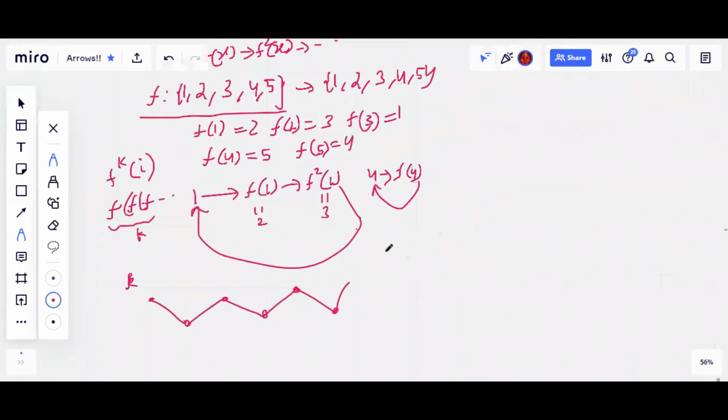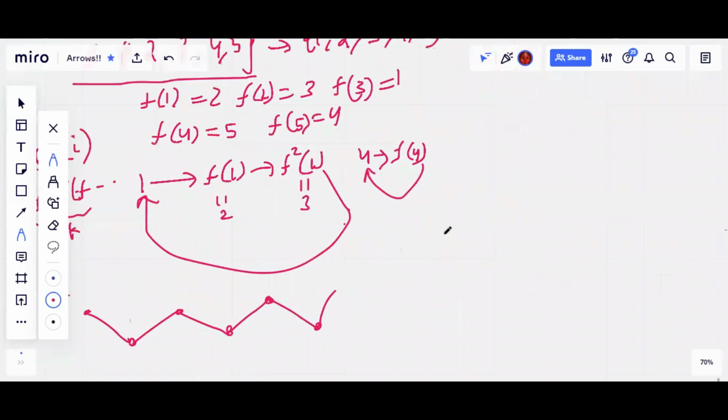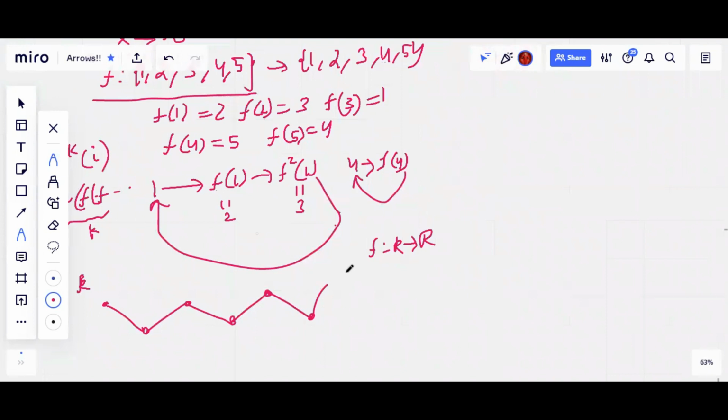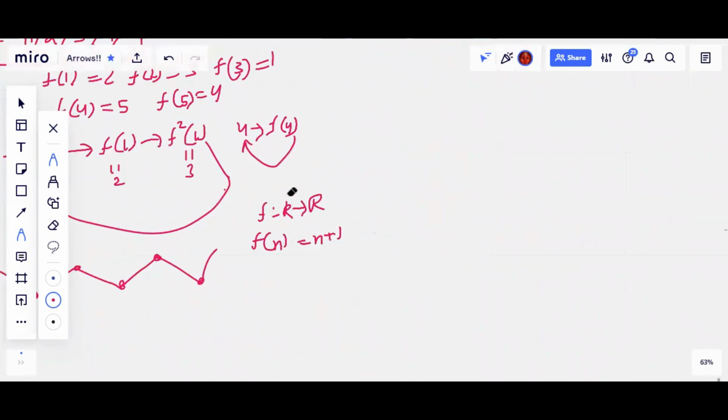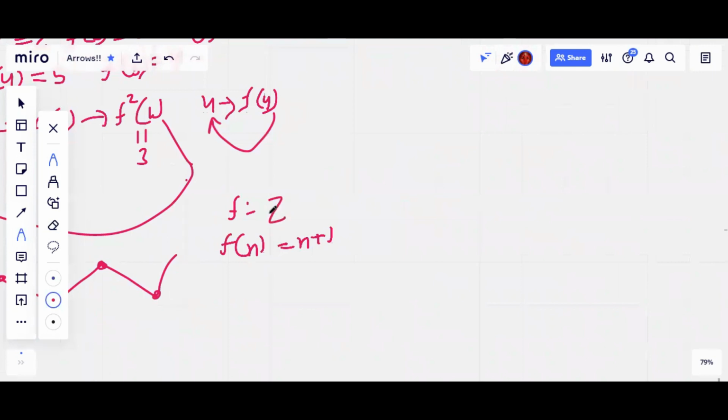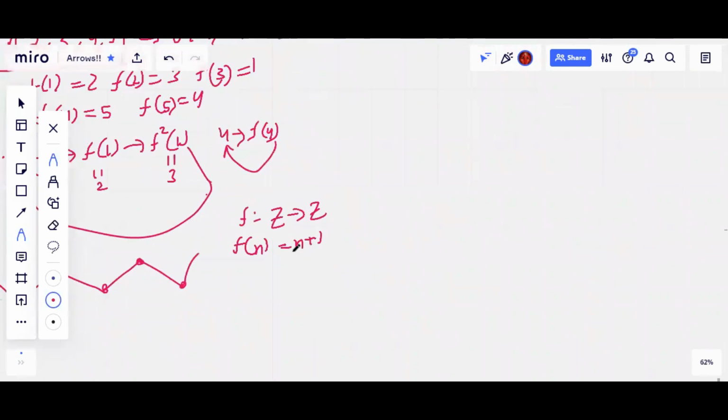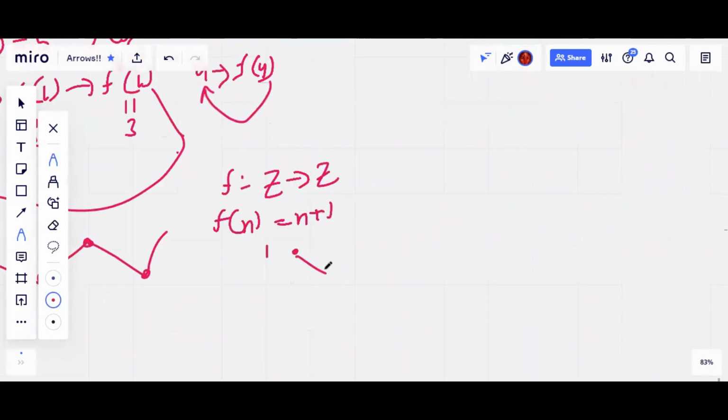Say, for example, you have a function from Z to Z, with f of n equals n plus 1. Or for simplicity's sake, we take it from Z to Z. So first you have 1, then you have f of 1, which is 2, then you have f of f of 1, which is f of 2, and this is 3, and it just goes on.